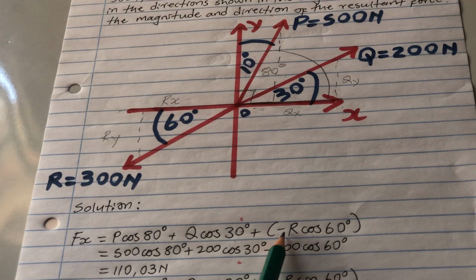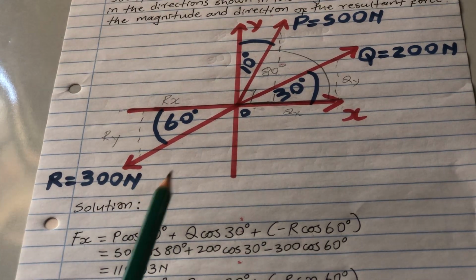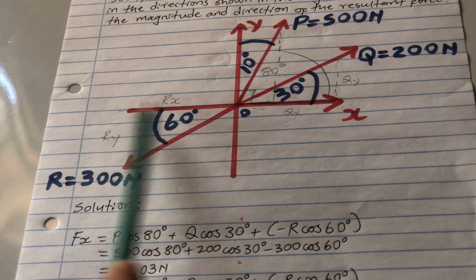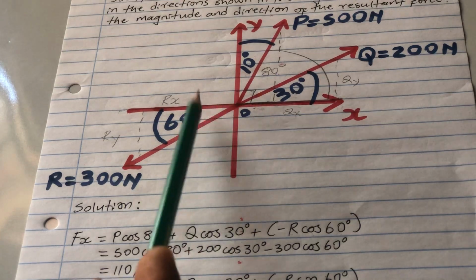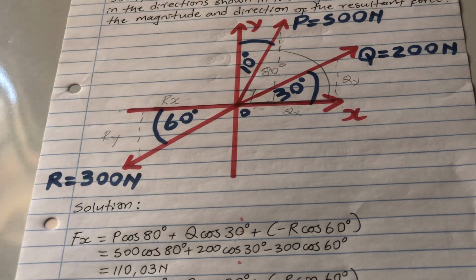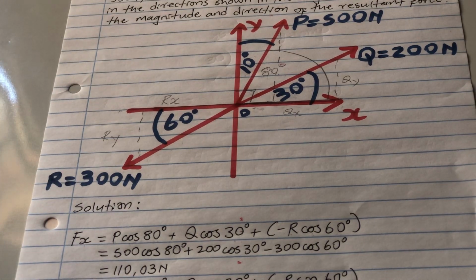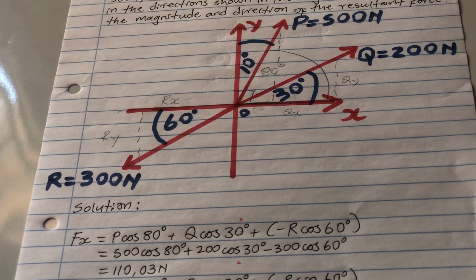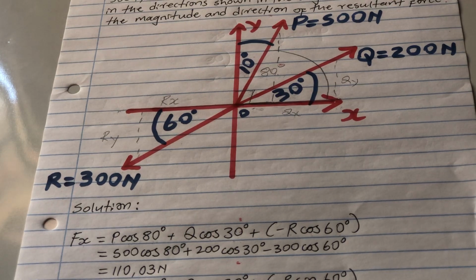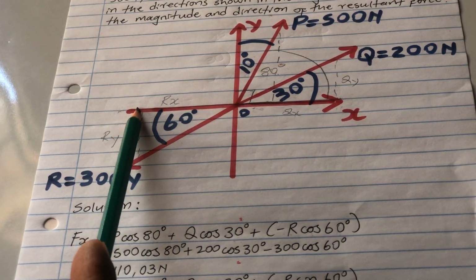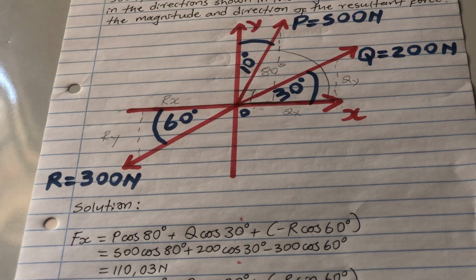You can see that now I have included a negative sign. If the component that we are looking for is pointing to the left, it will carry a negative sign.